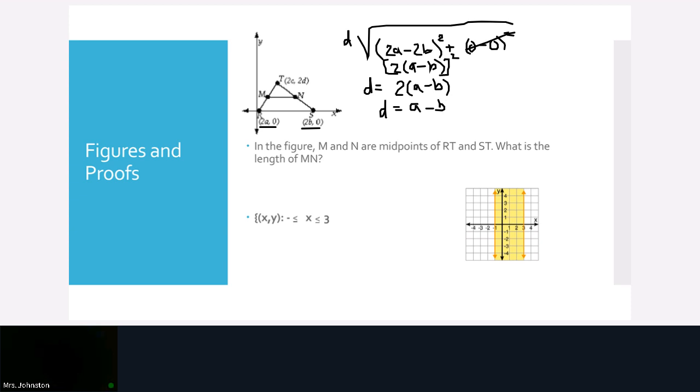Now, what about this problem? All xy such that -2... it looks like part of this problem is missing. So let's look at the illustration. -1 is less than or equal to x is less than or equal to 3. So they want us to graph this. This is a bit of an inequality.